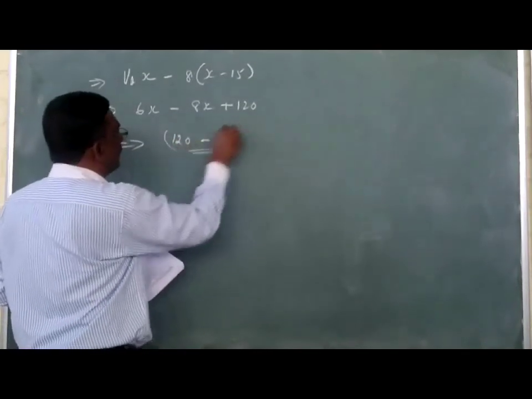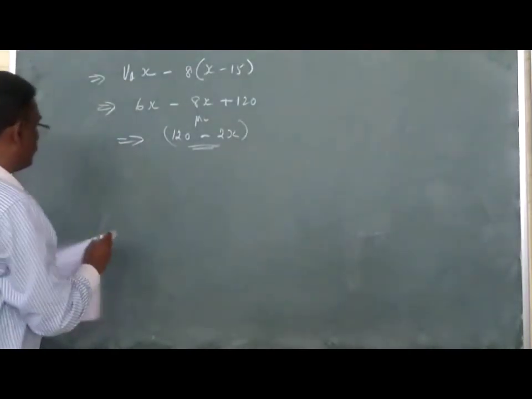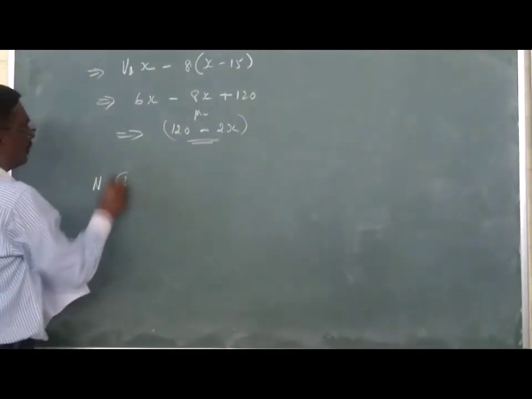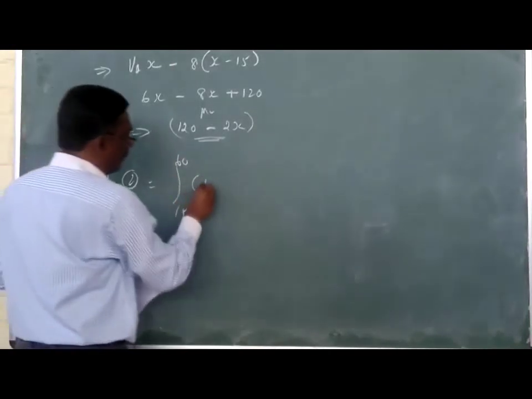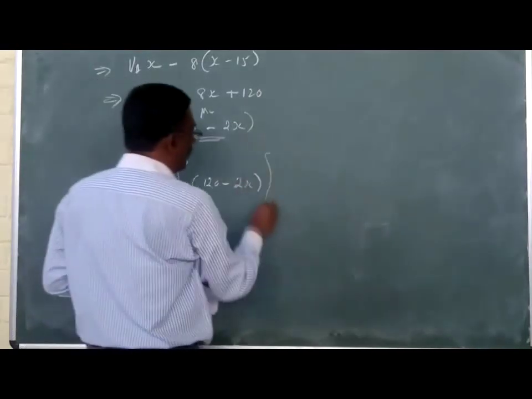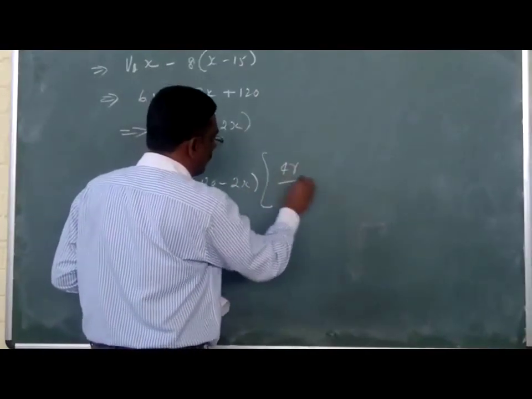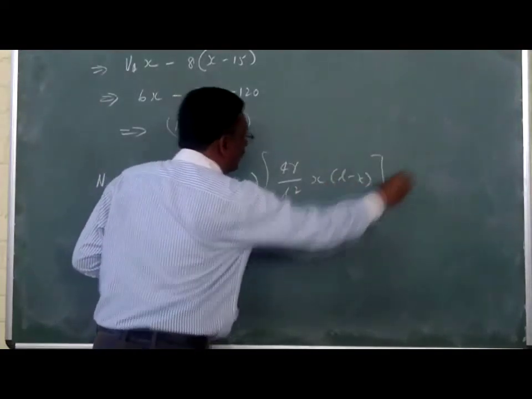So instead of mu2, let us replace this value. Numerator 2 will become the integral from 15 to 60 of 120 minus 2x, and the value of y is the equation of the parabola, 4r by L square, x into L minus x, dx.